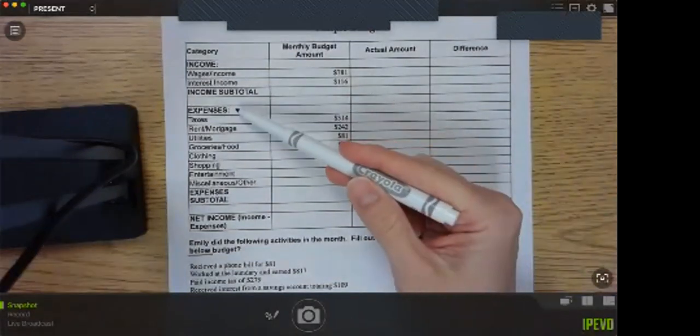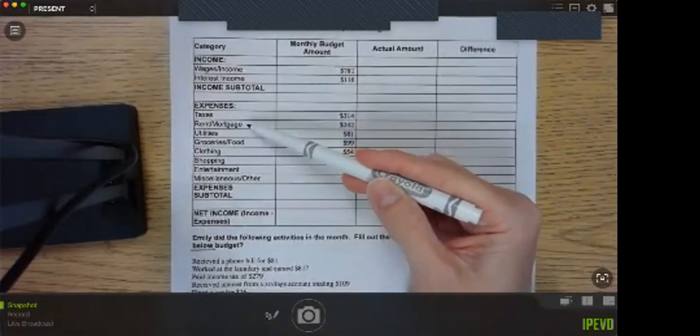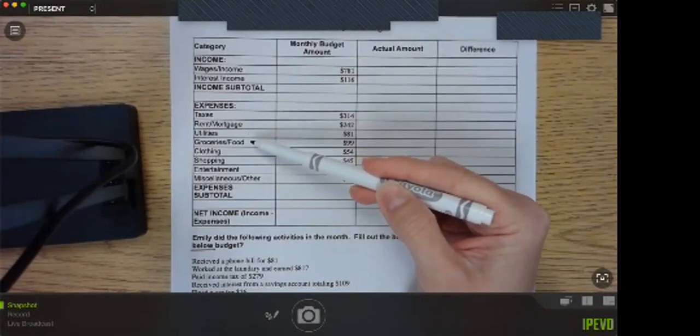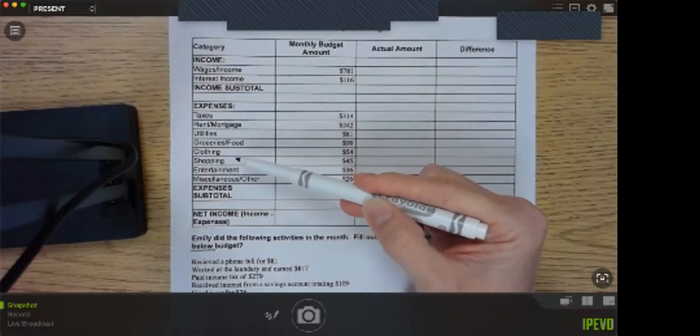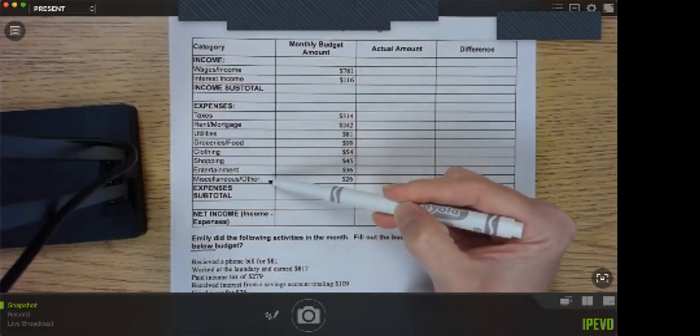And then our expenses, she's got money for her taxes, her rent and her mortgage, her utilities, which are things like your water, your electric, your phone bill, those things, for groceries and food, for clothing, for shopping, for entertainment, and miscellaneous and other.